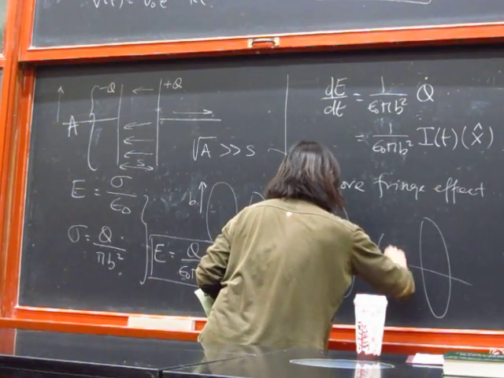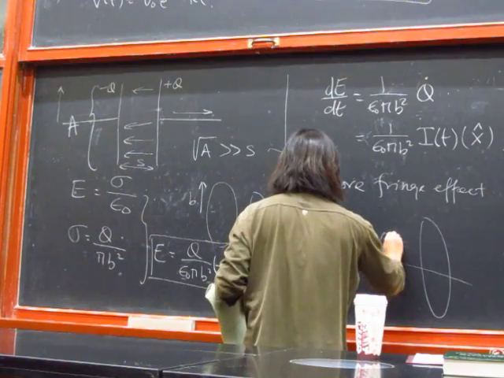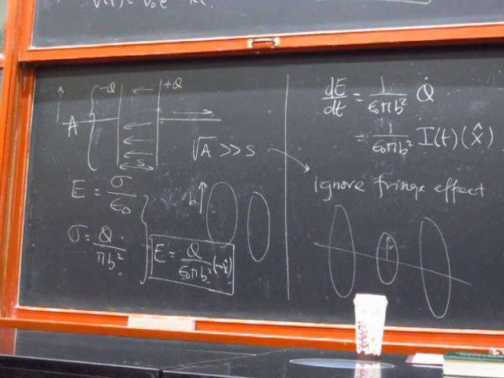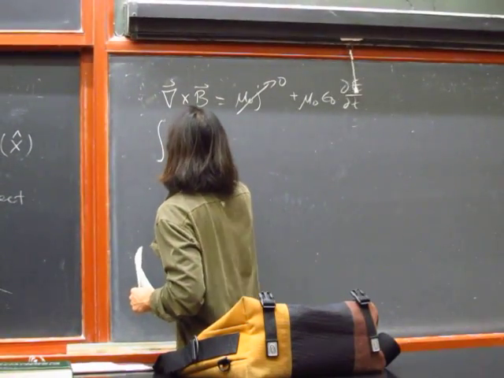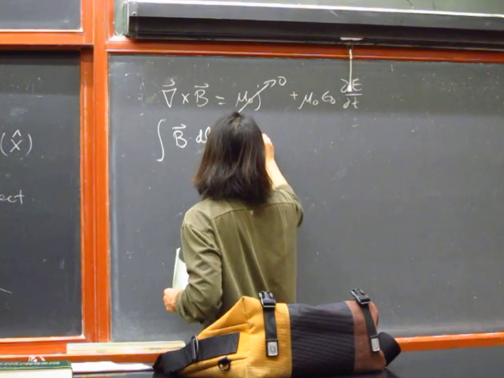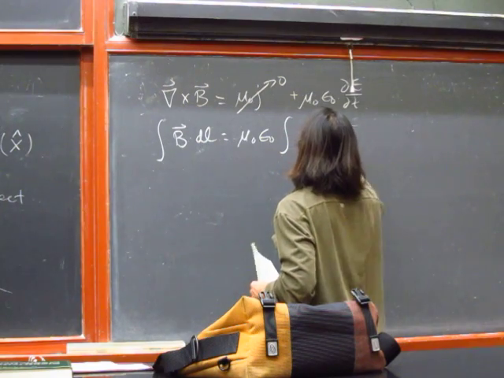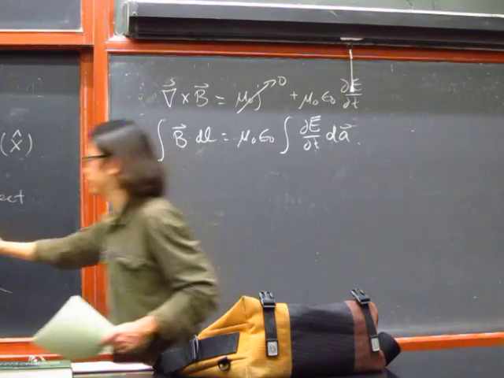If I draw an Amperian loop of radius r, then from Ampere's law, the curl of B is equal to mu naught J, in this case J is 0, plus mu naught epsilon naught dE/dt. This will give you a line integral of B dl equal to mu naught epsilon naught times the flux of dE/dt over the surface, over this surface.